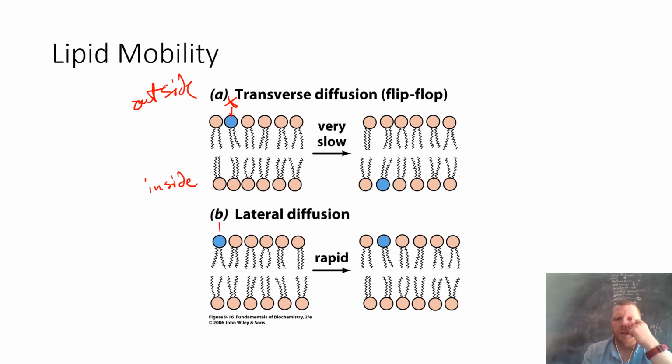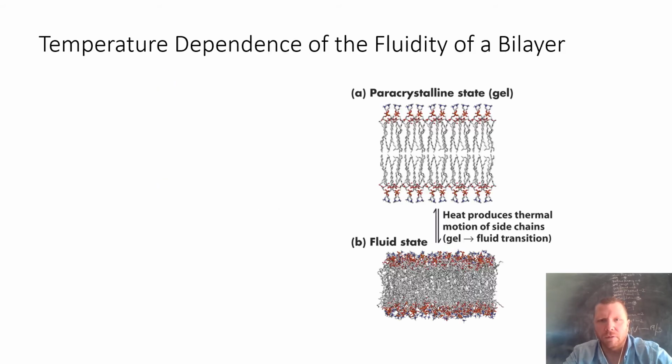Movement from one position, A, to another position, B, is going to happen quite rapidly, because we have this constant fluid nature of a membrane. Transverse diffusion can take place at a faster rate, but it's not going to happen without some sort of outside interference.